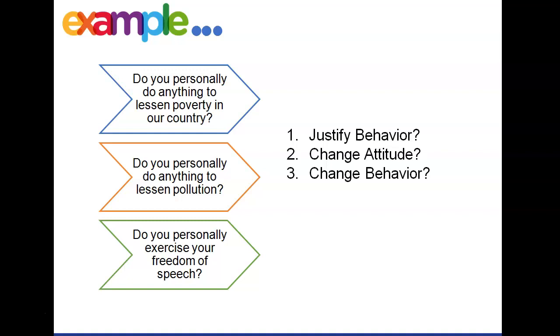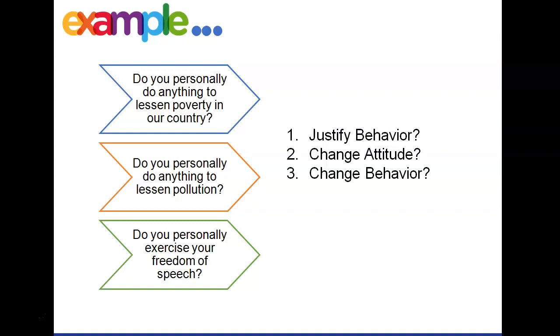Other examples are things like, do you personally do something to lessen poverty in the country? Because poverty is a horrible thing. There are people suffering, and we know that it's not a wonderful thing to experience. But are we doing anything personally to help? Do you personally do anything to lessen pollution? So again, polluting is wrong. Hopefully a lot of people, or everybody, knows this. But are we doing something personally?